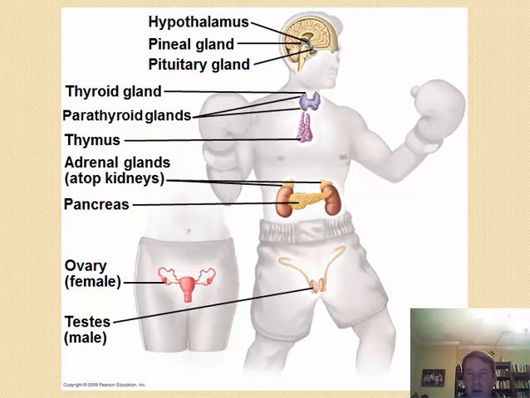Here are the human glands here, and we list these out in the outline, and we'll just run through these. We have the hypothalamus, the pituitary, the thyroid, parathyroid, adrenal medulla, adrenal cortex, the pancreas, the pineal, and the ovaries and testes, and the thymus.